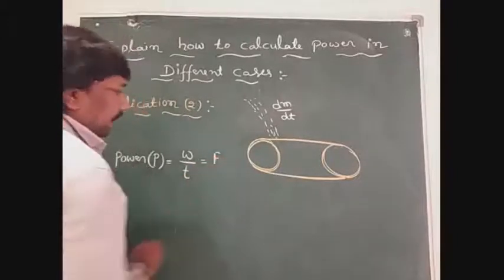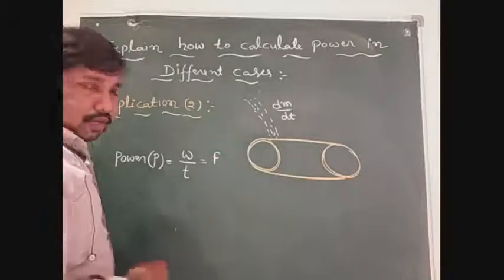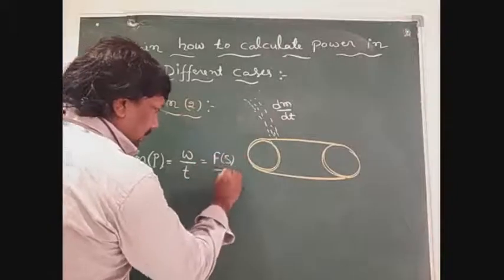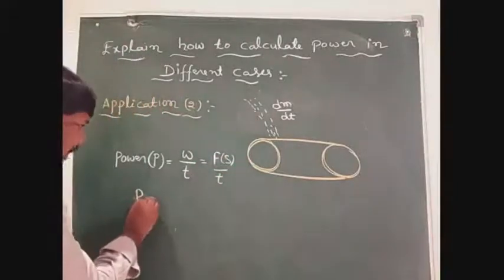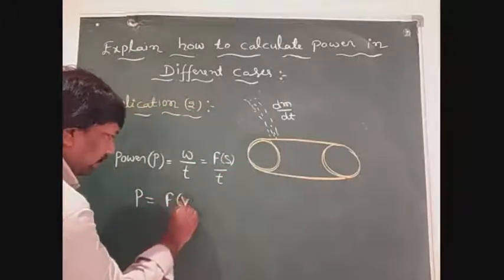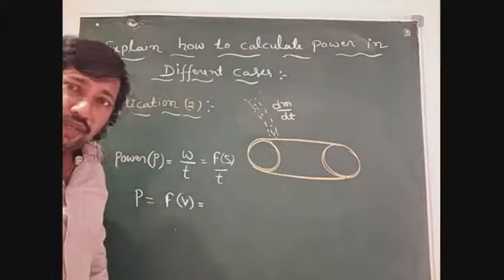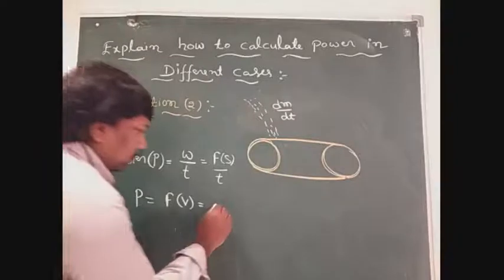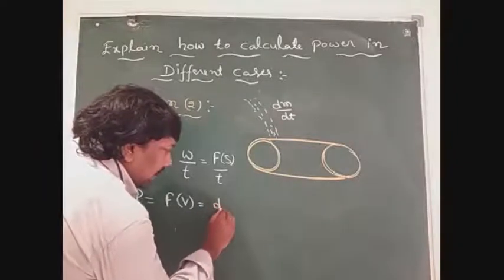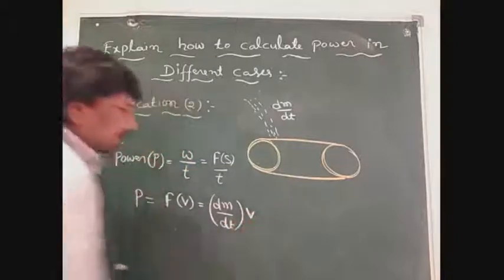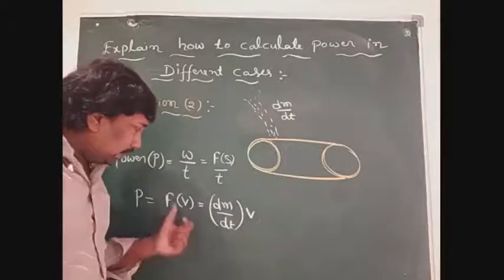Work done equals F into S by T, so power equals F into V. According to Newton's second law, F equals dm by dt into V.